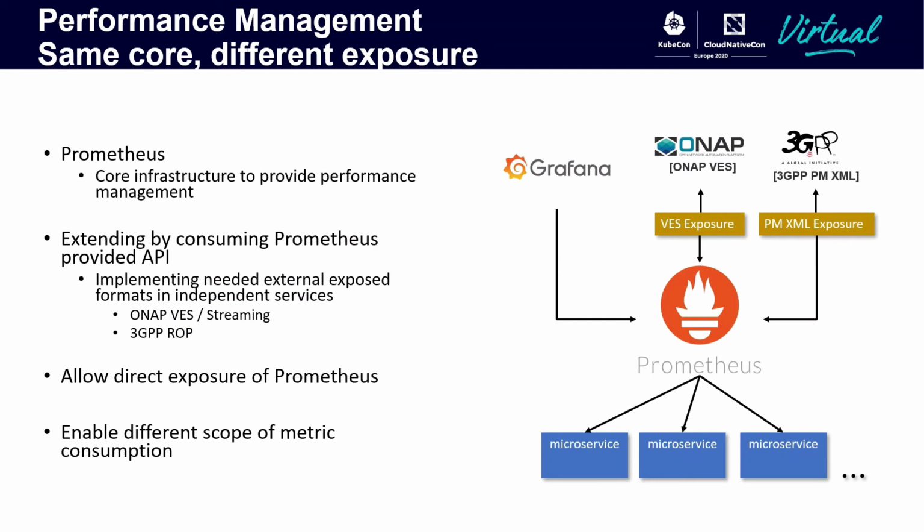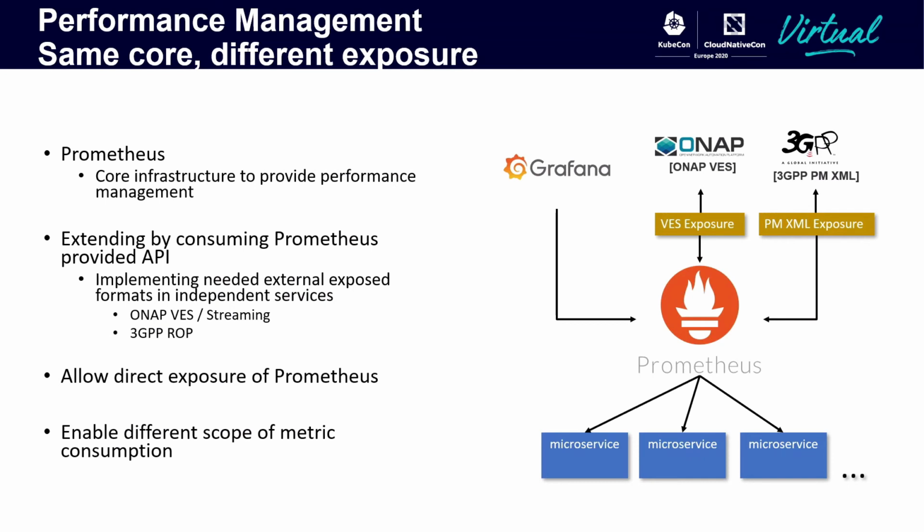So it's still possible to actually use Grafana or similar tools to consume the metrics directly from Prometheus. So this is a good example where we really try to bridge the existing standards, but also at the same time, we see how we can get the value from what really cloud native provides as such.